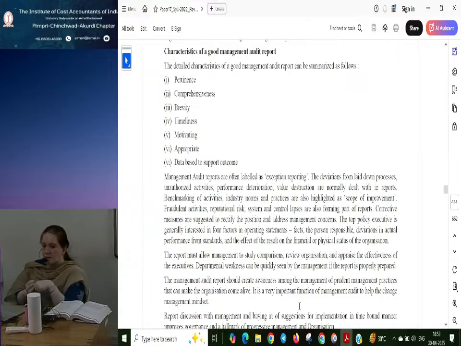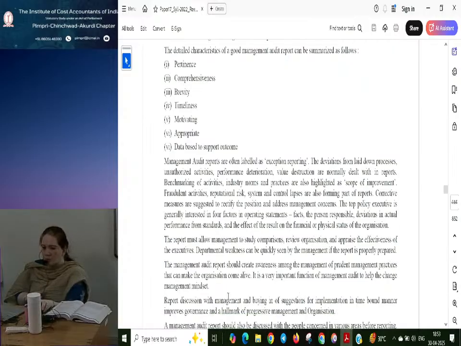The facts, the person who is responsible for this, the deviations in actual performance from the standards, and the impact, both financially as well as physically, what is the status of the organization due to such deviation. And what should the report do? It should facilitate the comparison, review the organization and appraise the effectiveness of the executives.